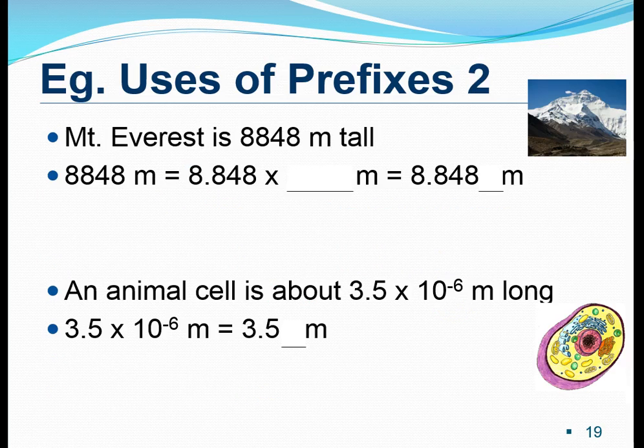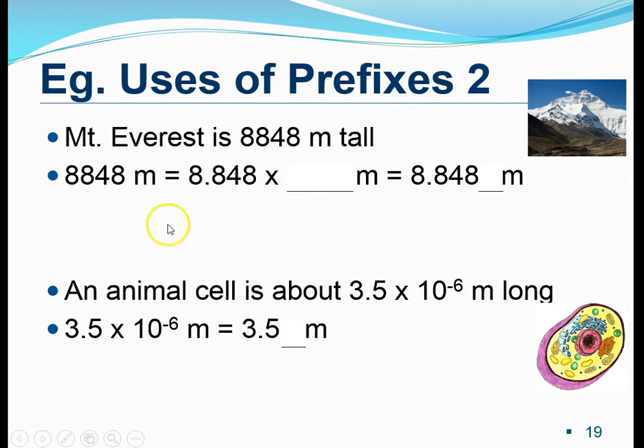Now let's have a look at the second example here. For example, Mount Everest is known to be 8,848 meters tall. So in terms of meters, it's written down in this way. And if you want to express this in prefixes, how do we do that? Well, remember that the kilo prefix, small k, is used to represent 1,000 or 10 to the power of 3.